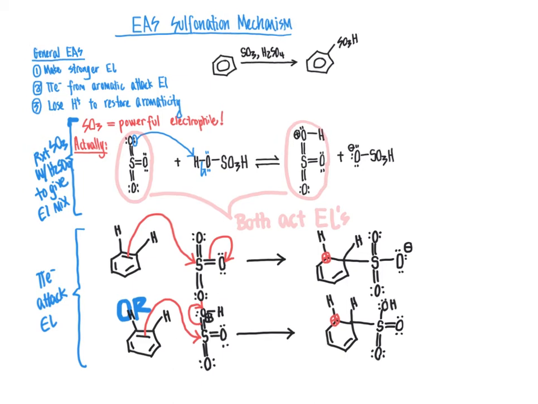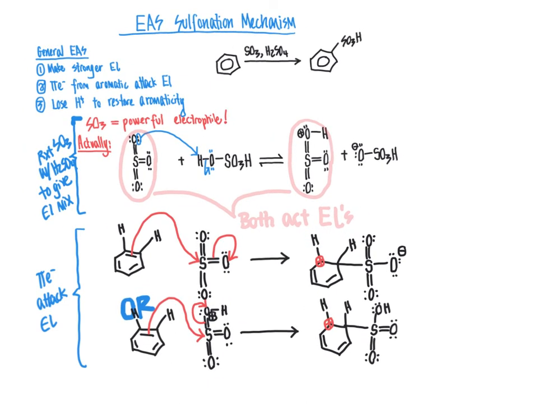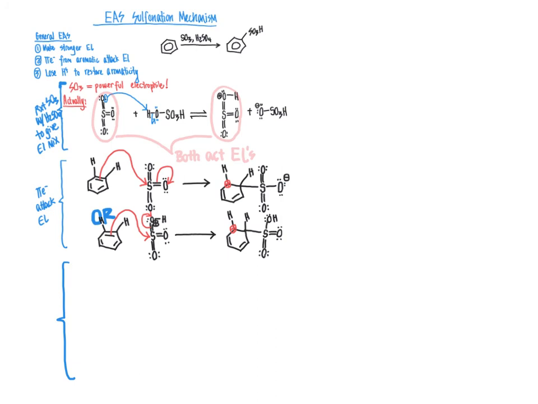So let's take a look at that. I'm going to go ahead and zoom out here so that we can do so. So going ahead here with part 3, our step where we're going to lose the proton to restore aromaticity using mechanistic electron pushing arrows, very, very analogous to what we've done in earlier videos with other types of EAS reactions.